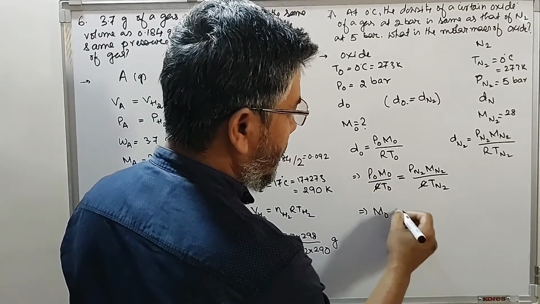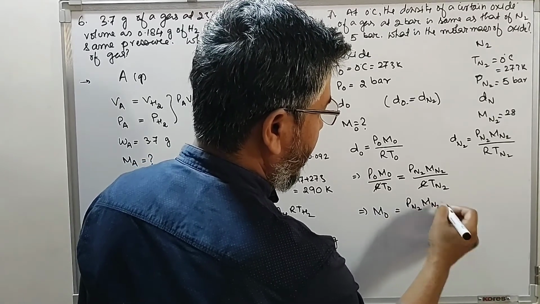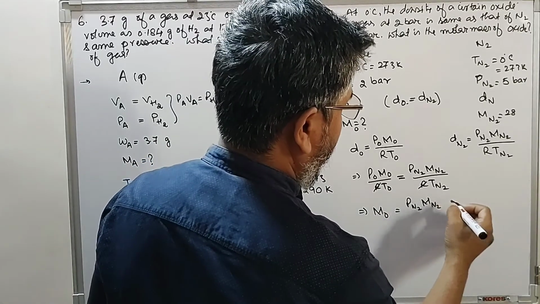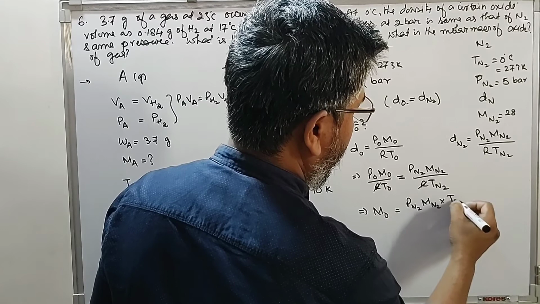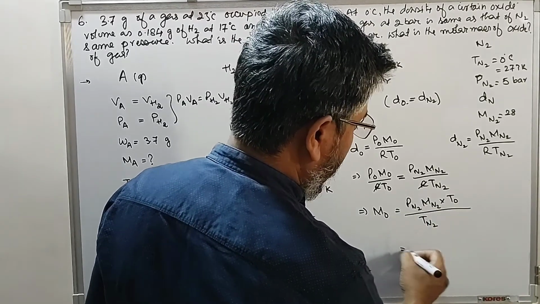Then MO is equal to PN2 MN2 into TO divided by TN2. Now use the values.